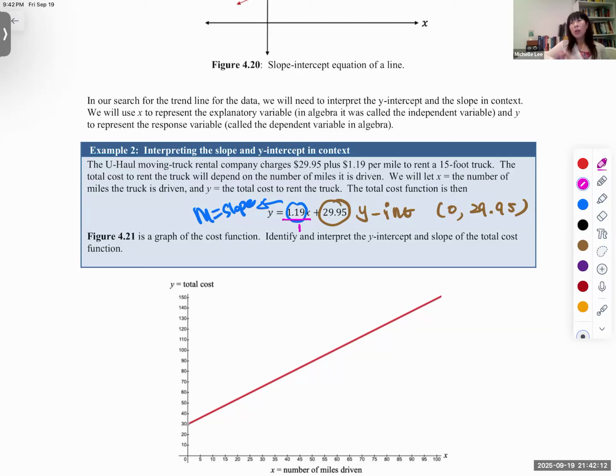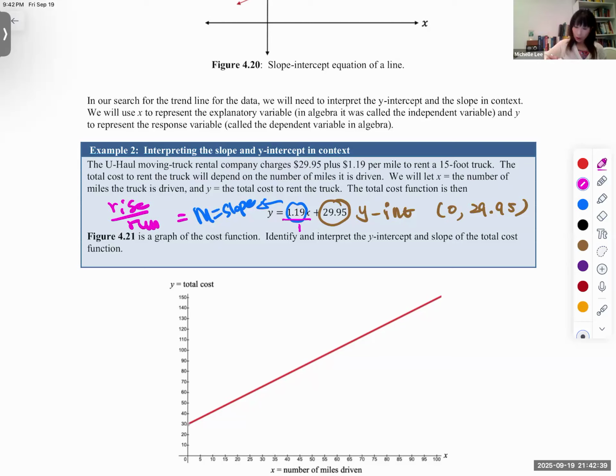So rise over run. m equals rise over run. Rise means up or down, and run is right or left. In that case, it's positive. We're going up and we're going right.